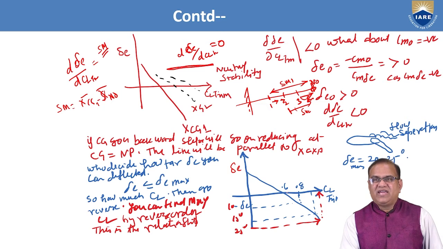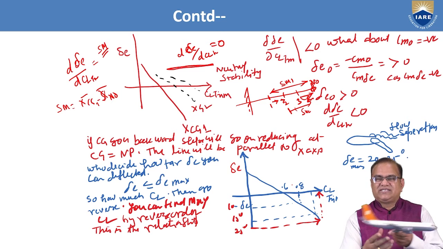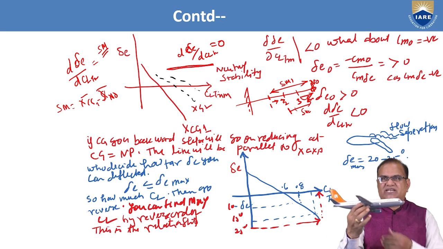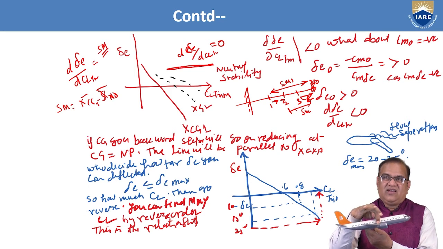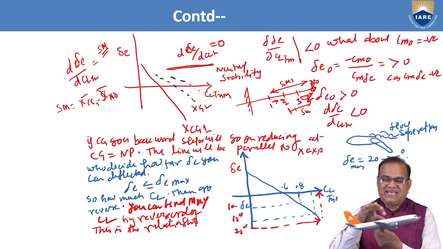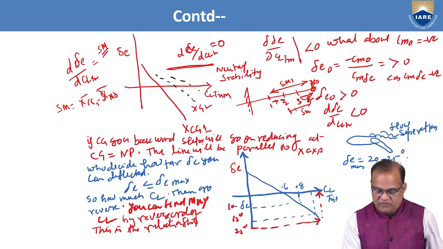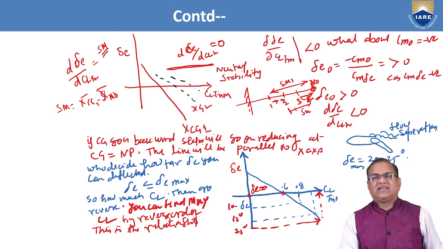Initially, the aircraft is flying at steady state. Say I want 0.6 CL. For this 0.6 CL, you don't have delta E equal to 0. You need not deflect anything.